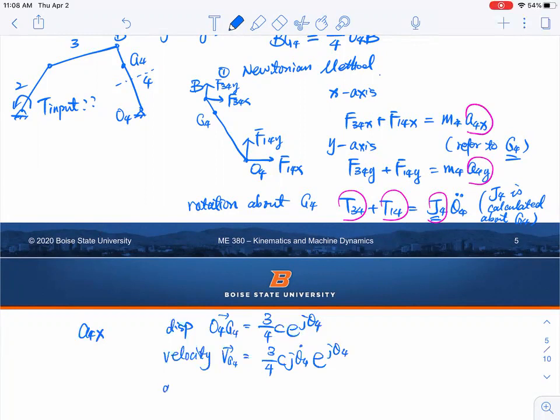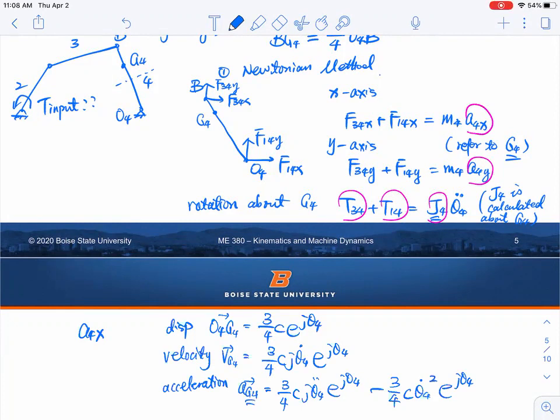And then you have your acceleration, AG4 vector. Just one more time derivative. That's 3/4 C jθ4-double-dot e^(jθ4) minus 3/4 C θ4-dot squared e^(jθ4). So that's how you get your acceleration at center of gravity.